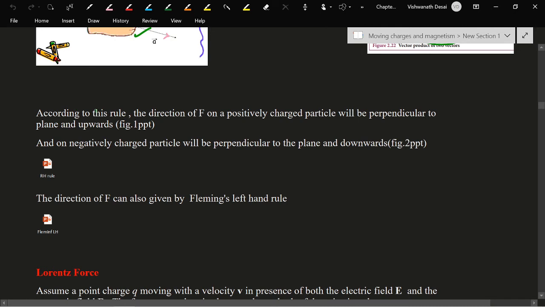According to this right hand rule, the direction of F on a positively charged particle will be perpendicular to the plane and upwards. So F is equal to Q into V cross B is the formula of the force experienced by a charge. To see this, I made one PPT.